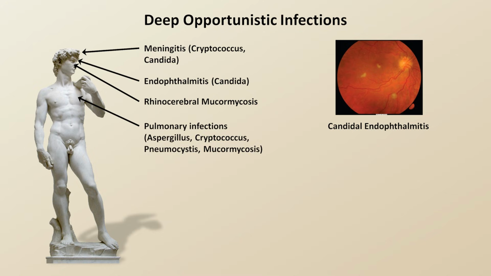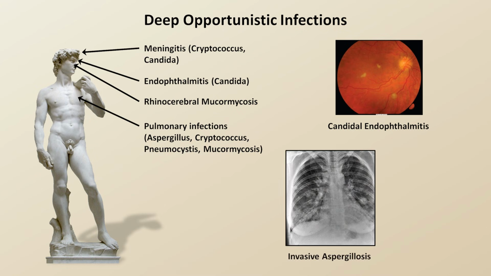The lungs are a very common place for deep opportunistic infections, which can be caused by mold, yeast, or pneumocystis. Aspergillus in particular has multiple patterns of lung infection. One pattern, called invasive pulmonary aspergillosis, presents clinically as pneumonia in the setting of neutropenia or high-dose steroids, often associated with hemoptysis.